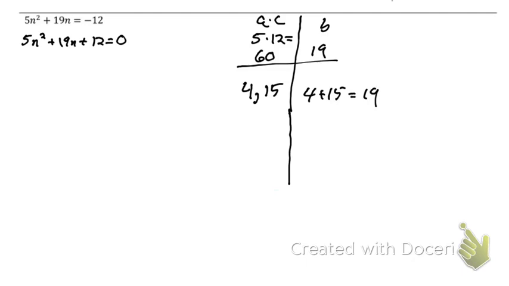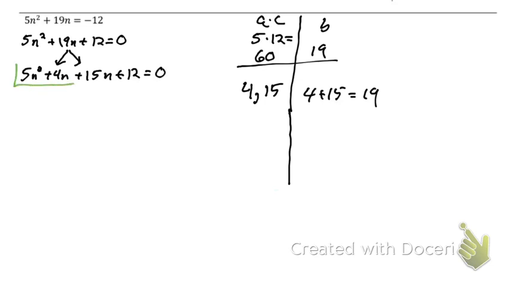Remember, the whole reason why we do that is to split apart our middle term. So rather than having 19n, I'm looking at having a positive 4n plus 15n. 4n plus 15n equals 19n, so we're good there. I have 5n squared out front plus 12 equals the big 0.